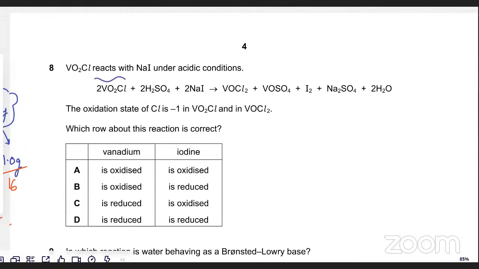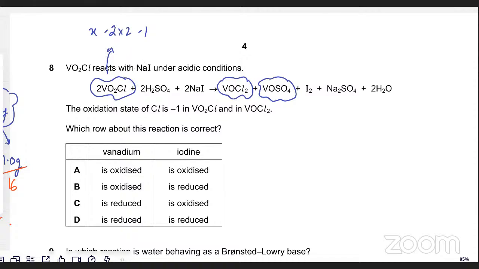Vanadium is over here, and you've got vanadium over here as well, and over here as well. So is it getting oxidized? Is it getting reduced? First thing, try and find the oxidation state of vanadium. Vanadium is unknown. There are 2 oxygens, so that's -2 times 2. And there's 1 Cl, and he's already specifically told us that Cl is -1.